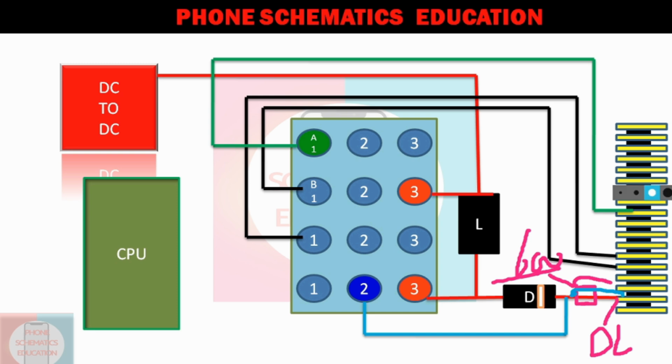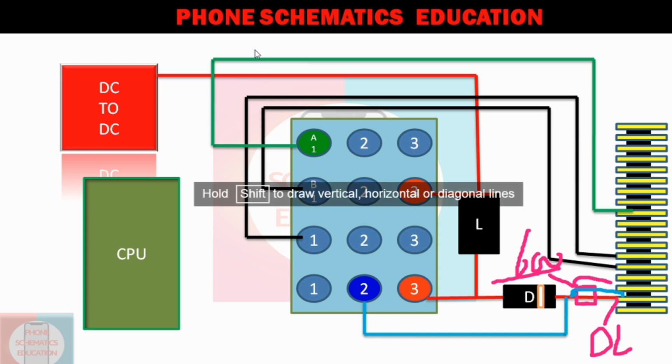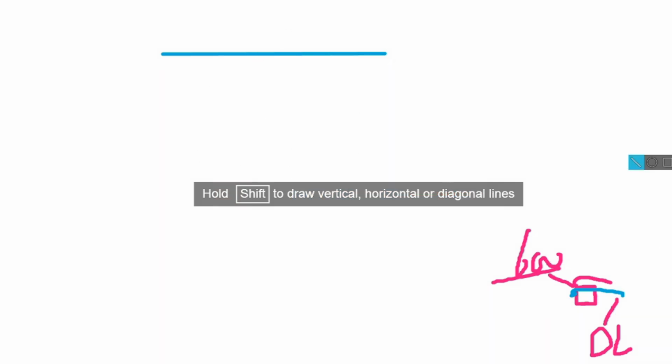Suppose this line, I'm talking about this line. In this line you have a resistance, right? If this resistance is open, you can measure 600 value here. On this side, you will get nothing.